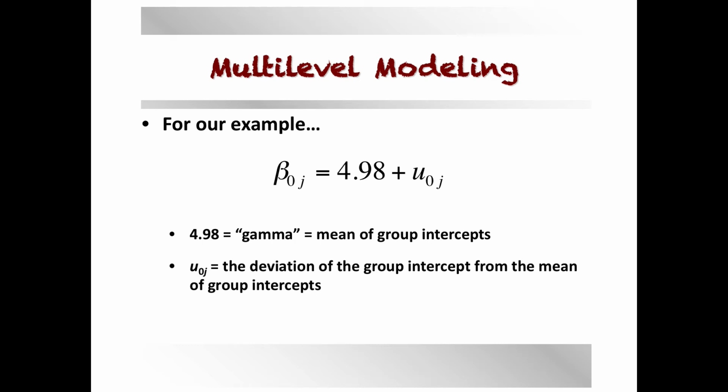So the 4.98, where did it come from? That was the mean of those 10 intercept values. You could calculate that. The mean of all 10 intercepts for the skiing example is 4.98. That's your gamma. And then we model that U with the 0j in the subscript. We're going to see how much the different groups vary around the 4.98. So we're now doing regression, but we're comparing regression equations to each other, and it's next level stuff, multi-level models.